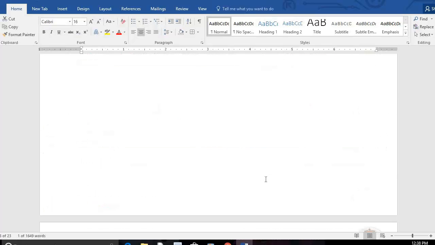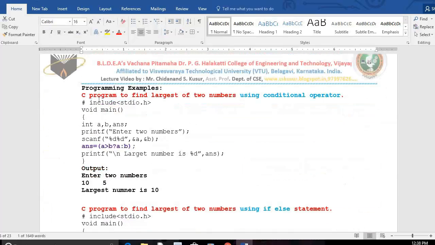Look at the example. Write a C program to find the largest of two numbers using the conditional operator. Enter two numbers: I entered 10 and 5. 10 is stored in A, 5 is stored in B. Is 10 greater than 5?